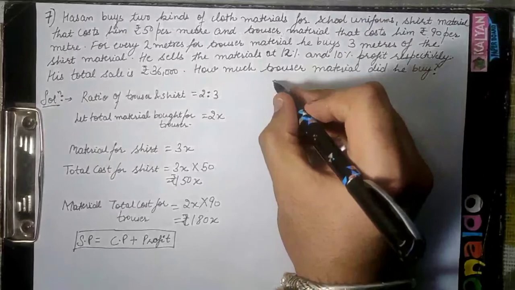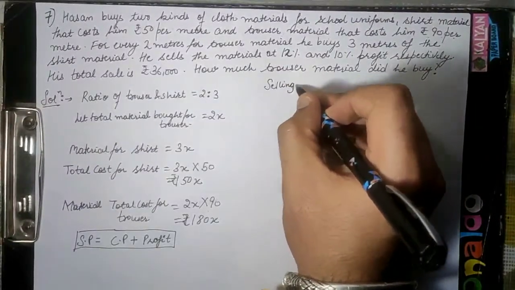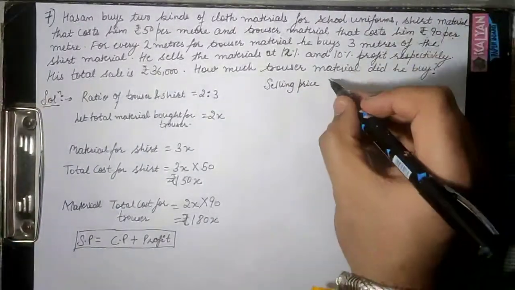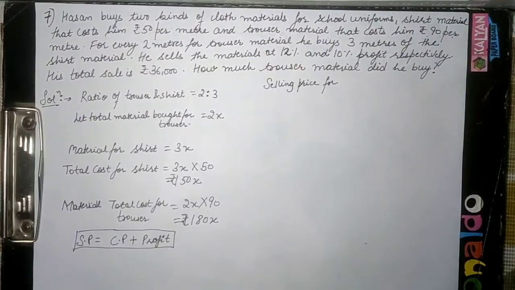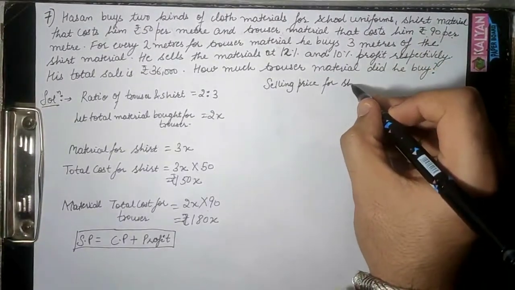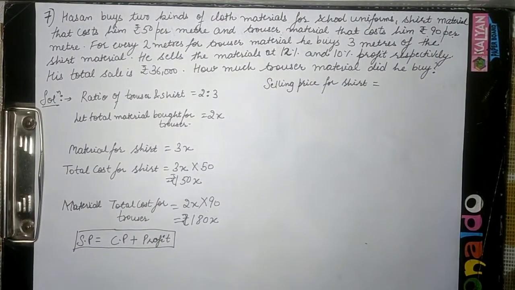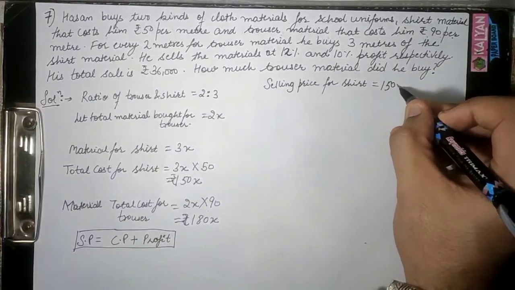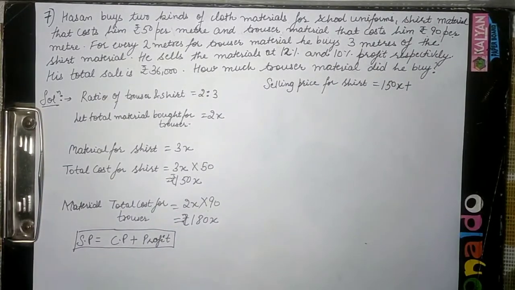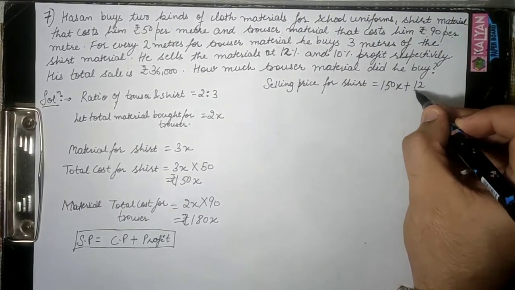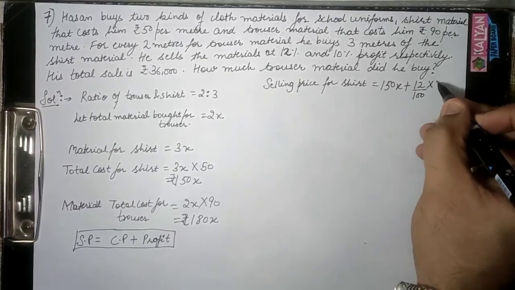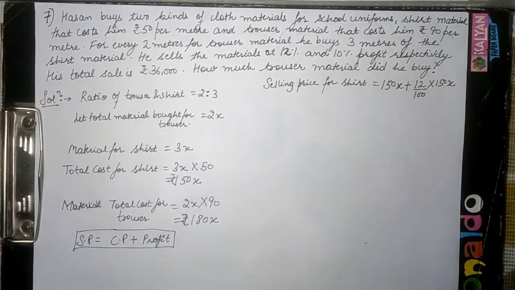So the selling price for shirt will be equal to the cost price of shirt. What is the cost price of shirt? 150x plus profit. Here the profit percent is given, which is 12%. So how to convert it into rupees? This will be 12 by 100 into 150x, 12% of the cost price.